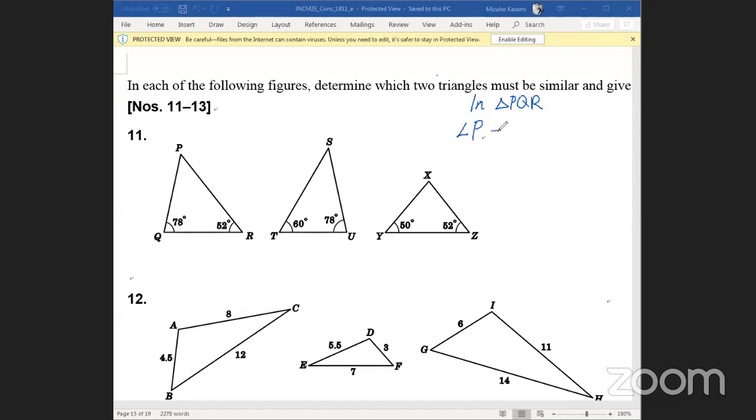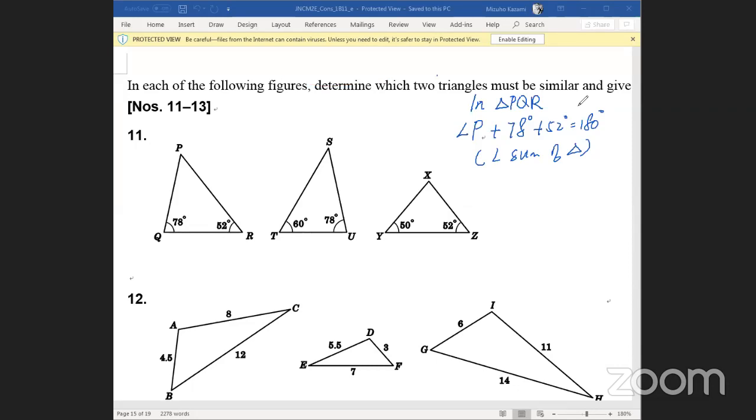Then in this case, you can just use angle P here, plus 78 degrees plus 52 degrees equals 180 degrees. And the reason why you know that when you add these angles together the sum is 180 is the angle sum of triangle.